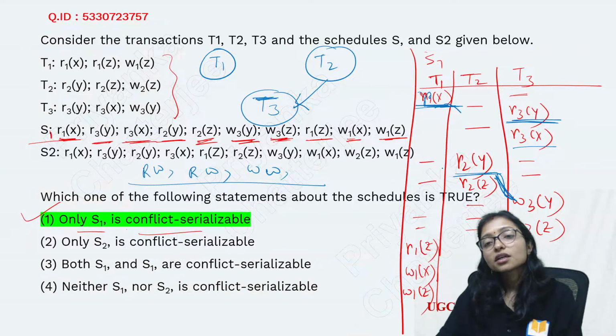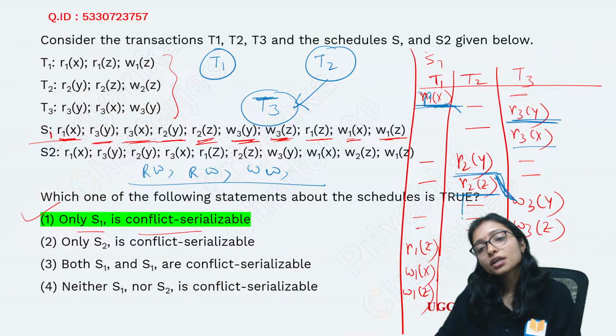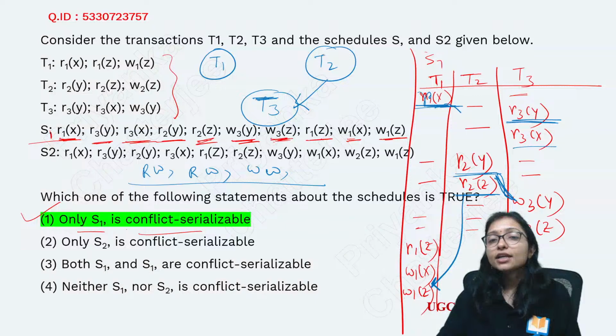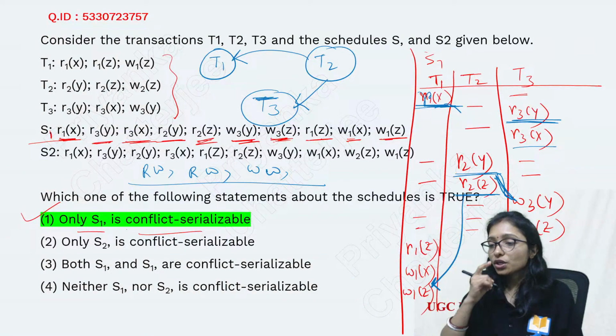You got it? Now you can see Z. Is there anyone doing a write operation? Here this one is doing a write operation. That's why from T2 to T1 there is an arrow.